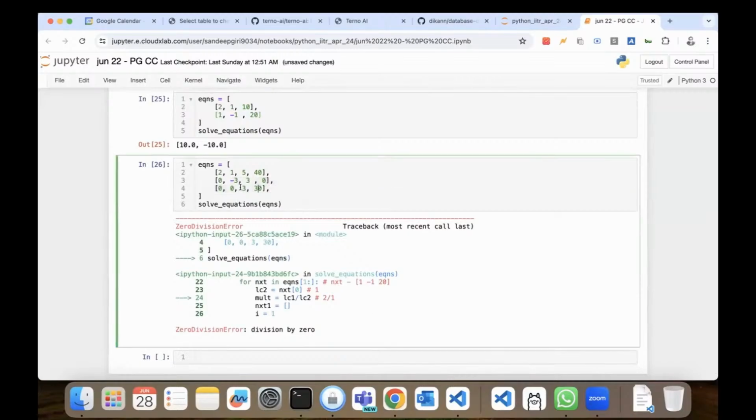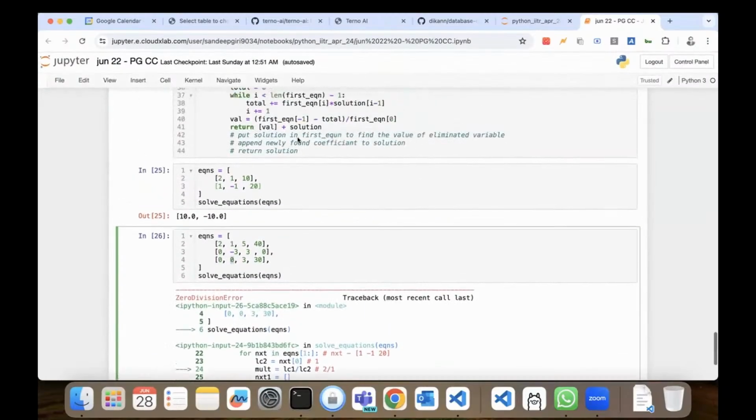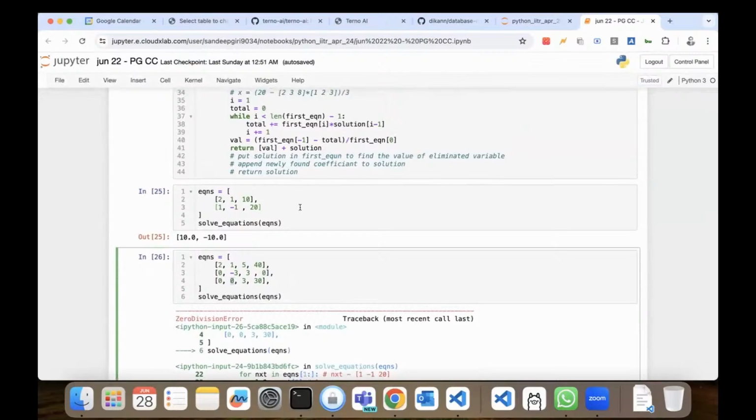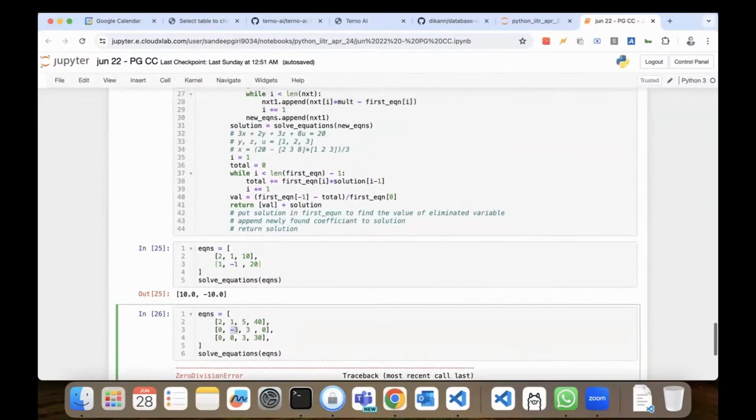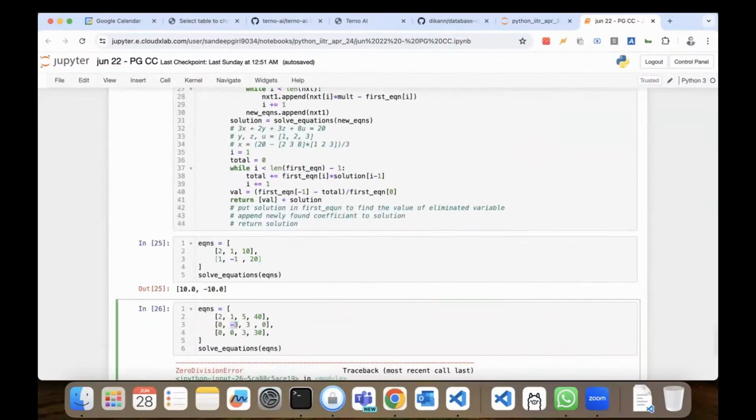Look at this. So what's happening is we are basically, okay, so this divided by -3, that's 0. Okay. So if this is 0, what will be the multiplication?